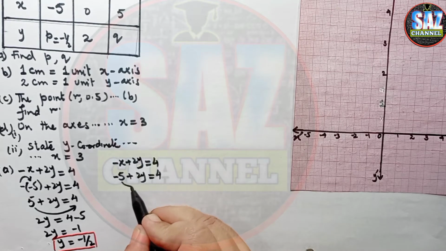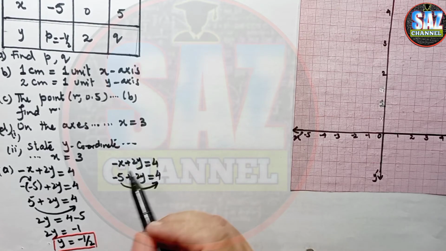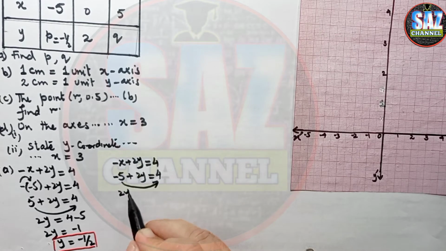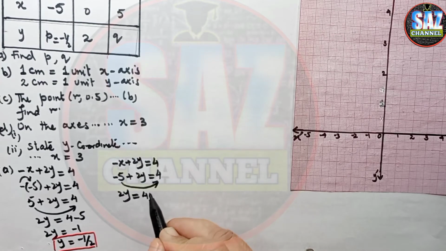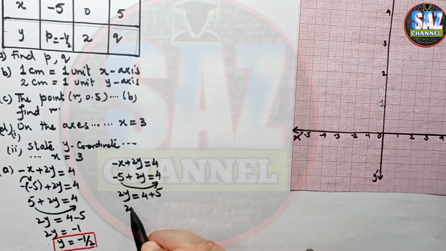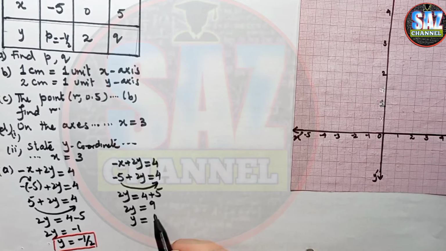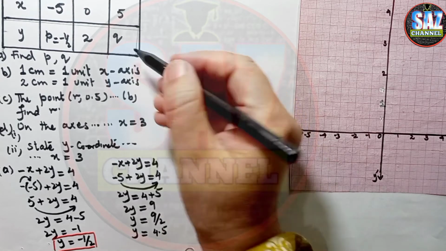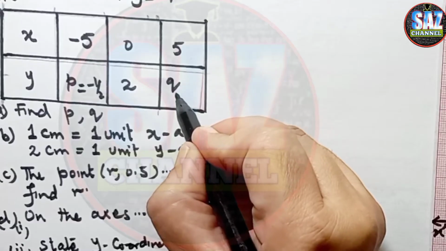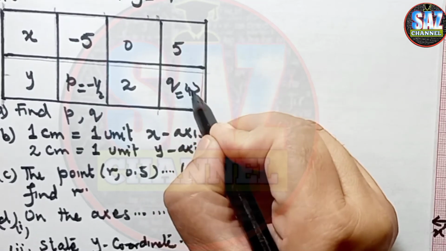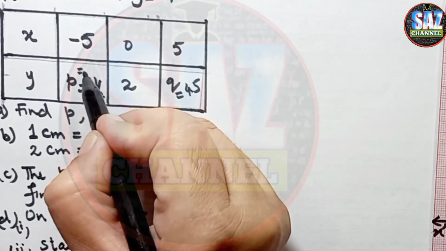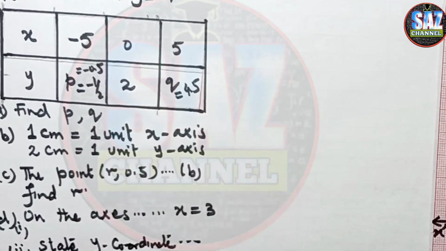Shift minus 5 to the other side, and as this is negative, it will become positive. 4 plus 5, 2y equals 9, y equals 9 by 2, and y equals 4.5, or 4 whole 1 by 2.